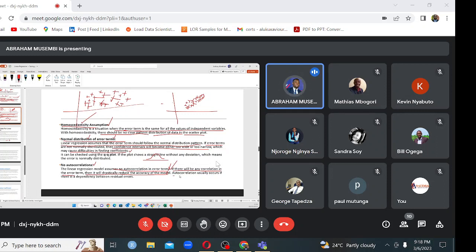Autocorrelation usually occurs if there is dependency between the residual errors. So if we have dependency in the residual errors, then we'll have high autocorrelation, and we should not have that to achieve a more accurate model.